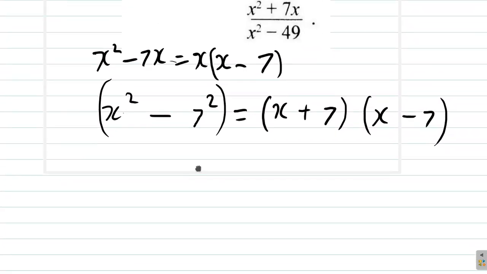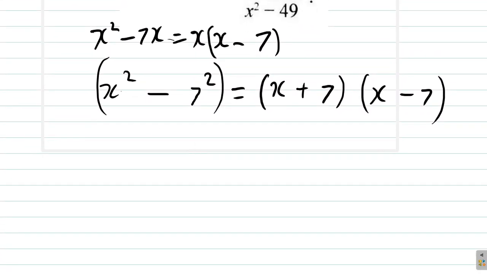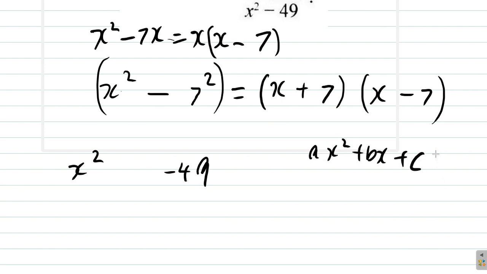Now, suppose you don't use the shortcut, what else would you use? You could use the AC method, if you remember that. If you have x squared minus 49, you have, remember, ax squared plus bx plus c is a form of the quadratic equation. The number that multiplies x squared is a.